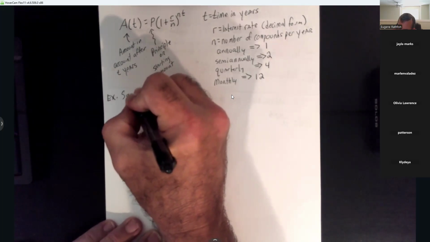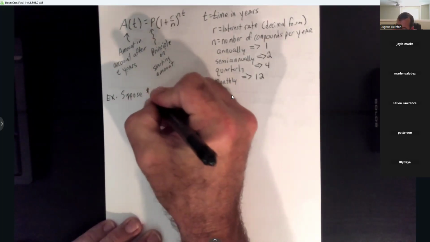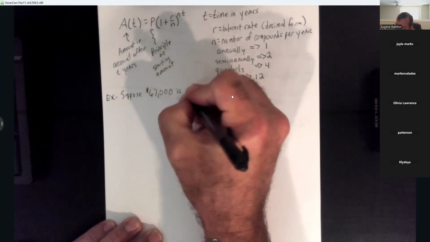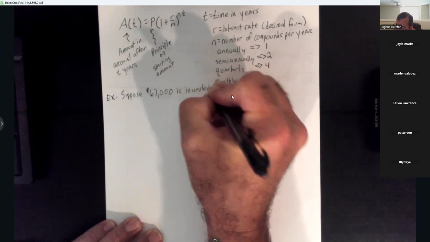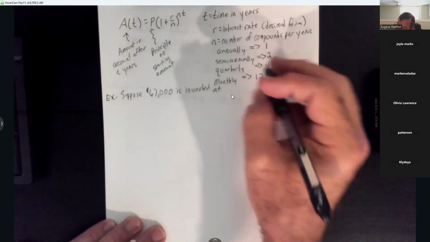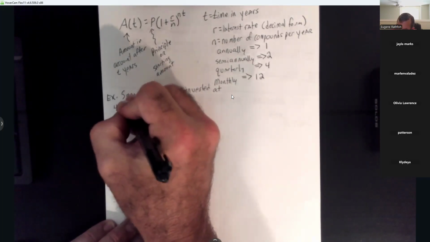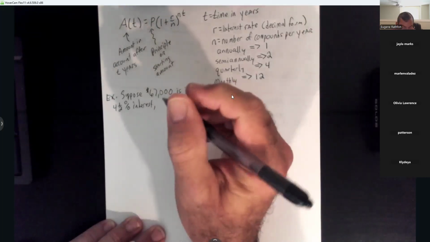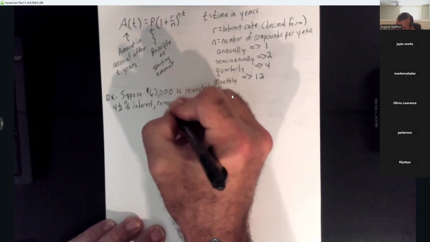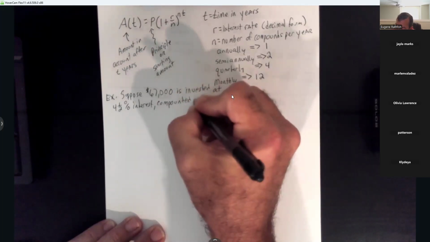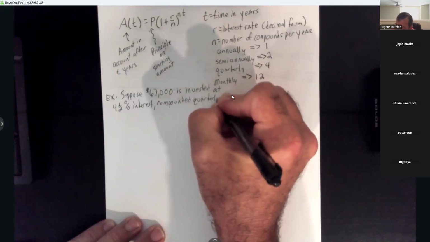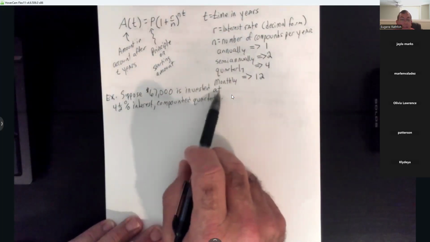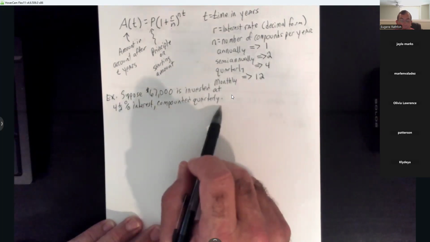Suppose $67,000 is invested at 4.5% interest, compounded quarterly. Okay, so 67,000 is invested at 4.5% interest, compounded quarterly.